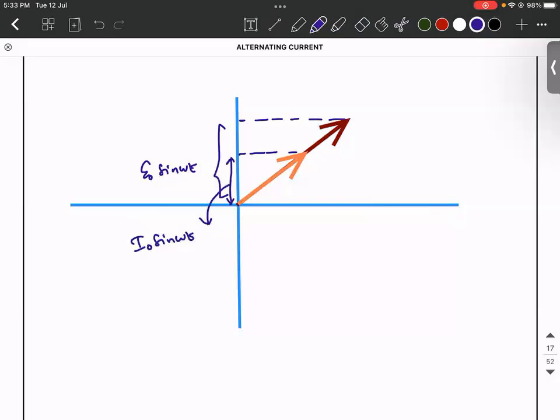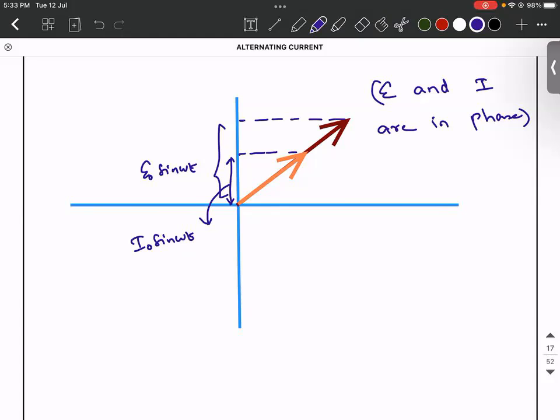So EMF and current have the same phase. So this kind of a situation is said to be where EMF and current are in phase. Means if EMF is increasing, current will also increase.